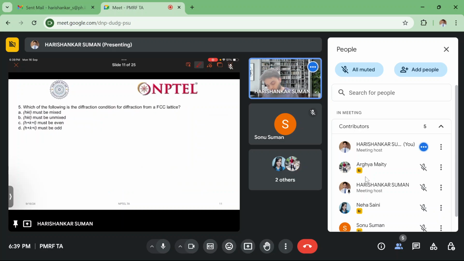Okay. Next question. Which of the following is the diffraction condition for the FCC lattice? How can one find it? Please find this condition. So we know the FCC lattice.